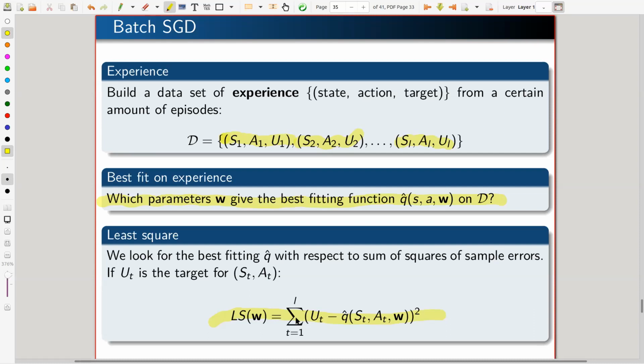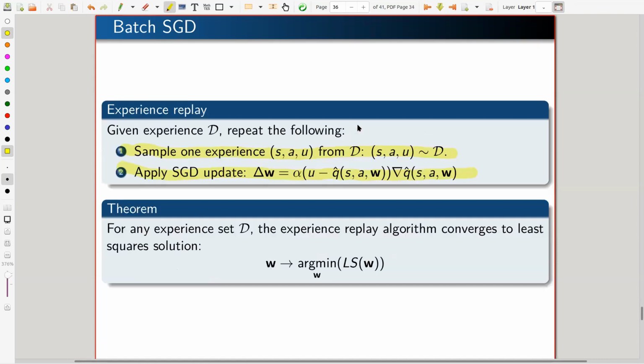You don't have a distribution probability stating that this training data is more important than this. Okay, all of them are equally important. And so the stochastic gradient descent again minimizes this new objective function. And the theorem is that this algorithm gives you the argmin of this objective function with, of course, the usual stochastic approximation theory conditions on the learning rate.